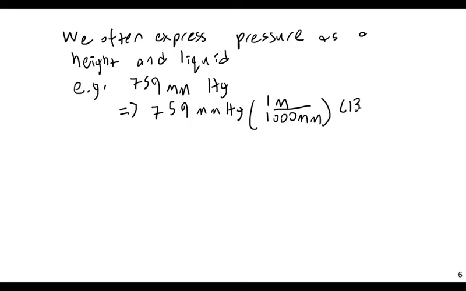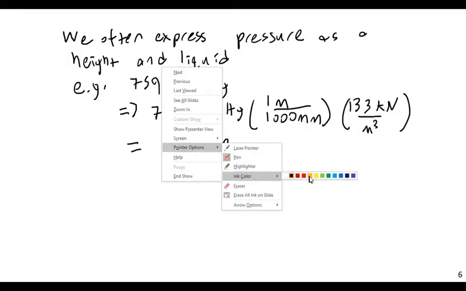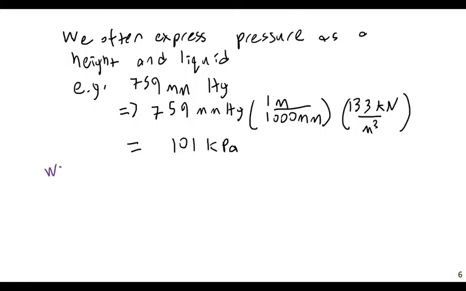Times 133 kilonewtons per cubic meter, which is approximately the specific weight of mercury, and I will get a pressure of 101 kilopascals. So that's approximately atmospheric pressure. Now, again, what if I were to use a fluid other than mercury, say, water? What if I used water?